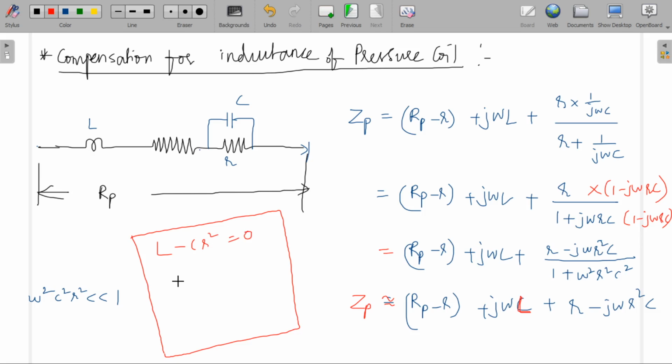Then L is equal to C R square. So the error caused by pressure coil inductance is almost completely eliminated if I make L equal to C R square. This is the required value of capacitance: C is equal to L by R square, so that I can eliminate the effect of inductance in the pressure coil circuit.